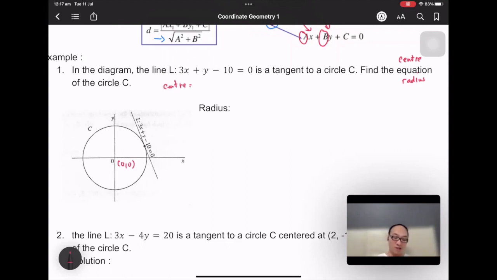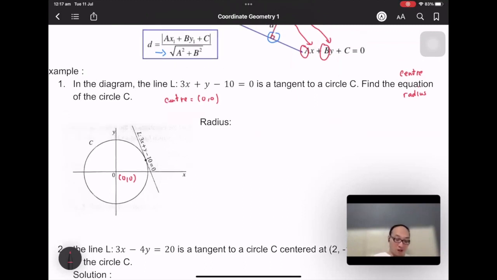So center equals 0, 0. And the radius, we can find the distance between 0, 0 to the tangent line. So that means we can use this formula. The radius is the perpendicular distance from 0, 0.